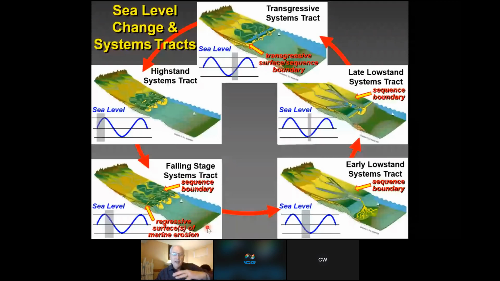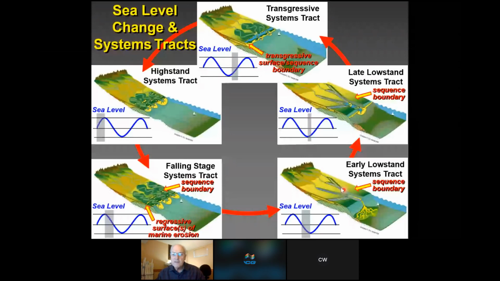As wave base also drops, you impinge upon the underlying shelf deposits, and you get one or more regressive surfaces of marine erosion, and you have an exposure surface on the topset beds. That's the sequence boundary.